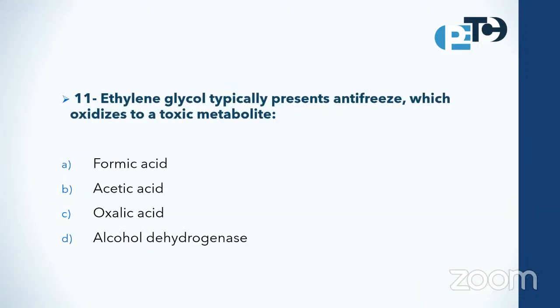Ethylene glycol is one of the toxins if administered or ingested to the blood. It is antifreeze, which oxidizes to toxic metabolites. The toxicity of ethylene glycol is related to which compound?